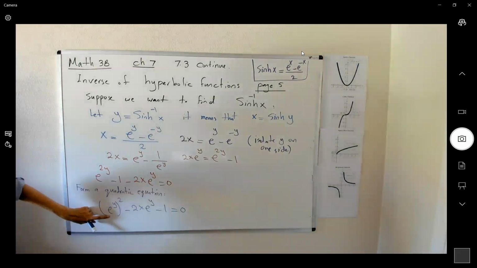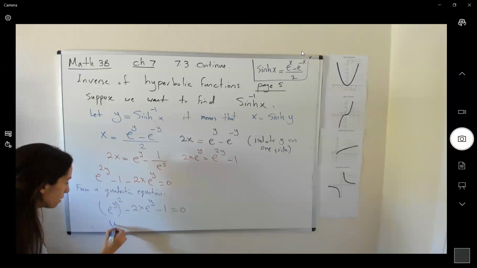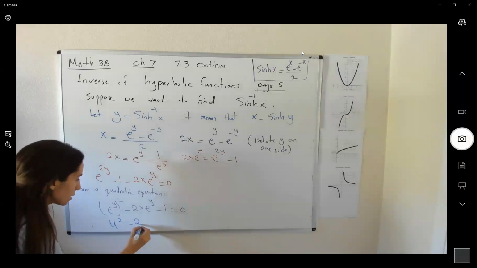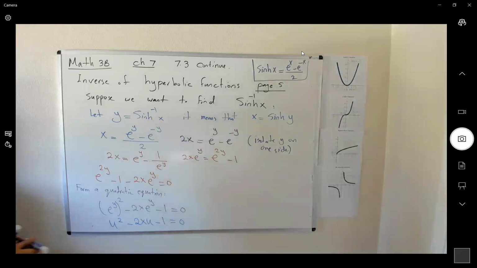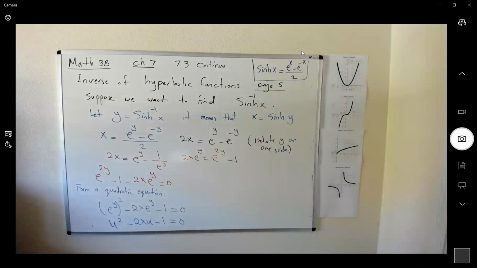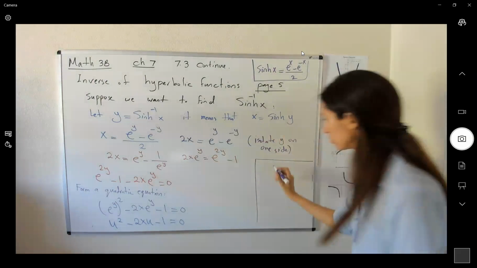Okay, so what do I have here? If you use a new variable like u, this guy is u squared minus 2xu minus 1 equal to 0. Remember quadratic equation and quadratic formula.